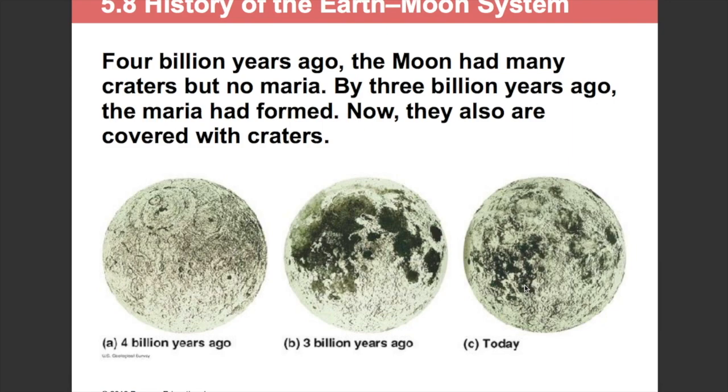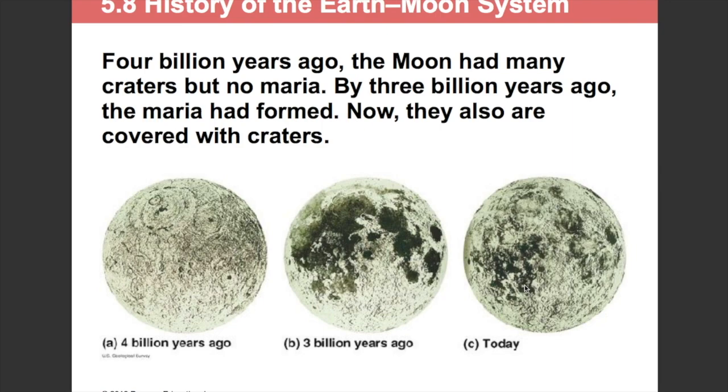So, 4 billion years ago, the moon had many craters but no maria. But by 3 billion years ago, the maria had formed, and they were also covered by craters. So basically, the maria formed from these lava flows, and then the material cooled, and then subsequent impacts from asteroids left behind their scars even in these melted lava flow regions.